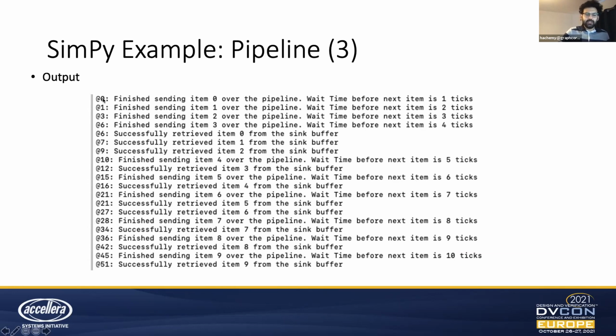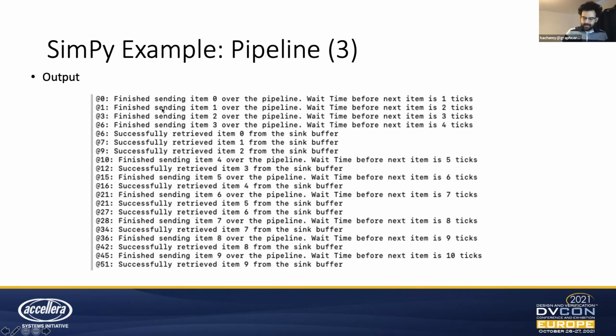You have the first integer sent at 0, then the other one is sent at 1, and then you wait 2 ticks before sending 2, then you wait 3 ticks before sending 3, and then you send 3 and you wait 4 ticks before sending 4, and so on.